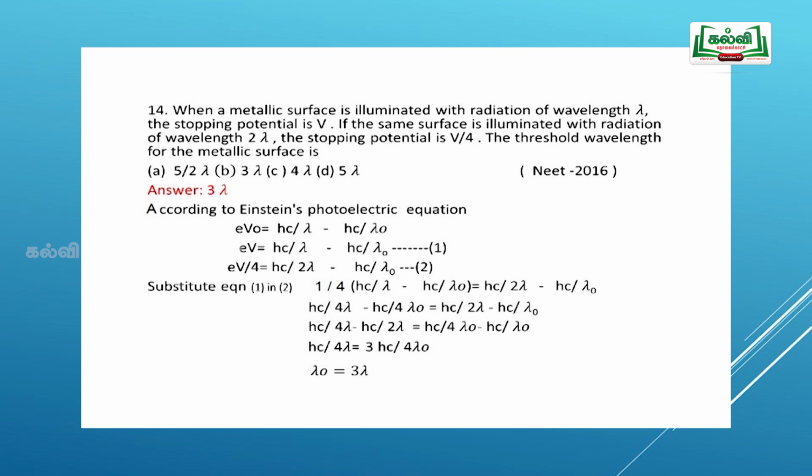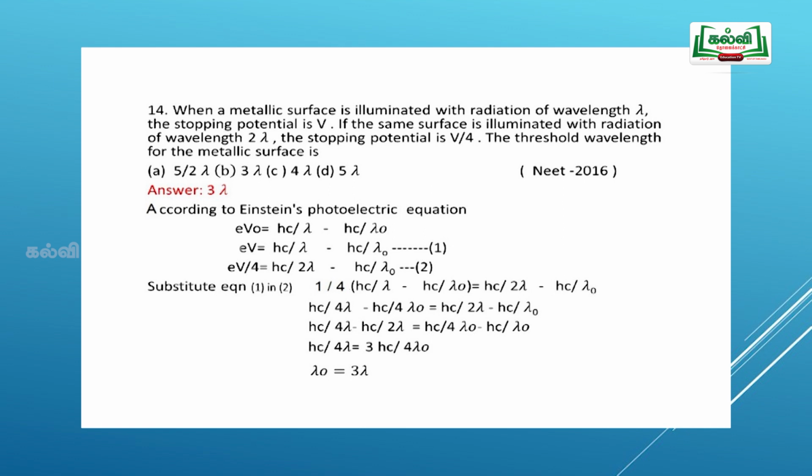Now let us write the second condition. When the wavelength becomes 2 lambda, the stopping potential is V by 4. So we can write here eV by 4 equals hc by 2 lambda minus hc by lambda naught, which is equation 2.